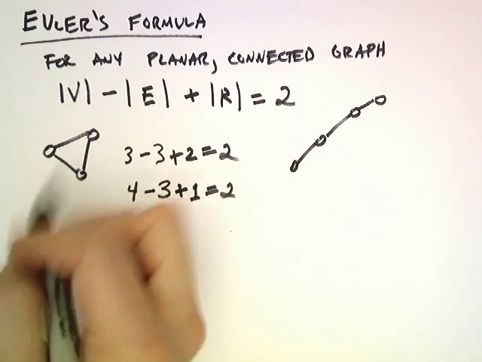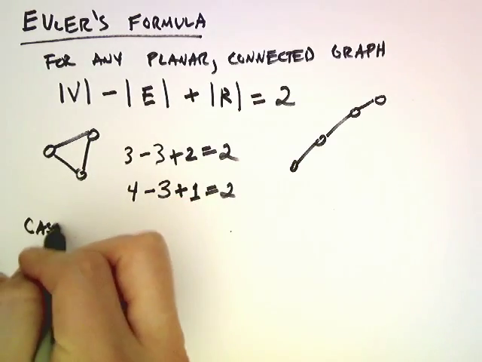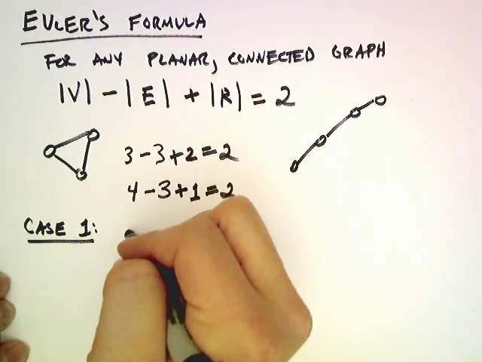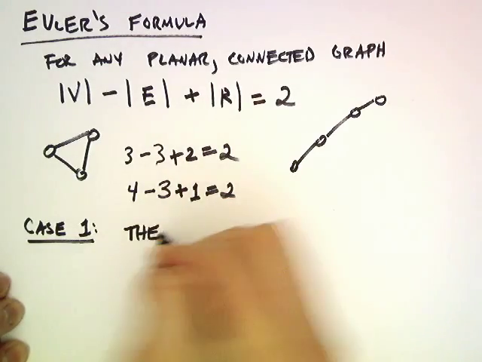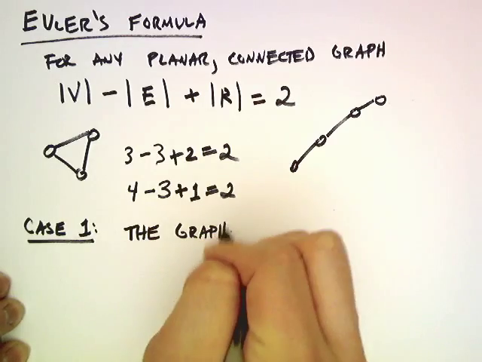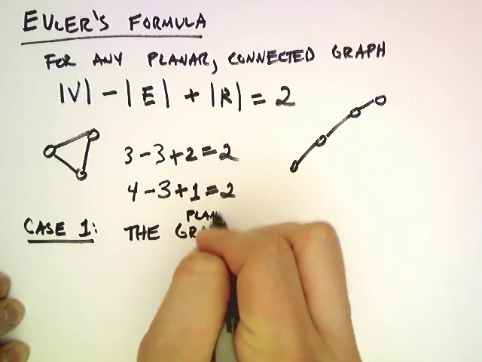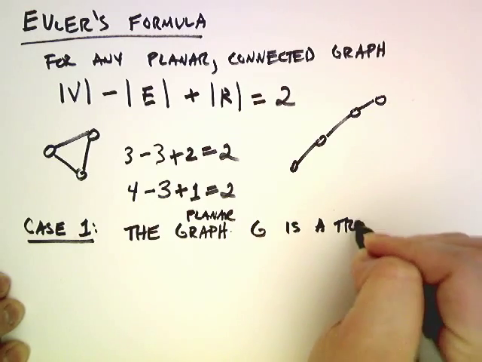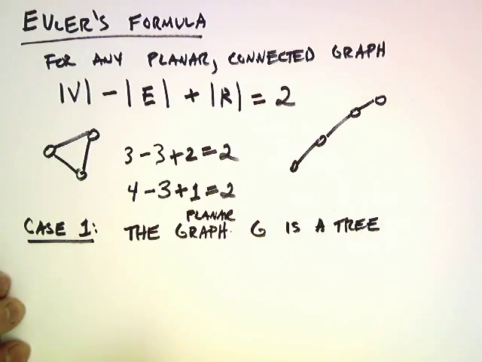So let's do case 1. Case 1 is that the planar graph G is a tree. What does it mean to be a tree? It means that there are no cycles, right?